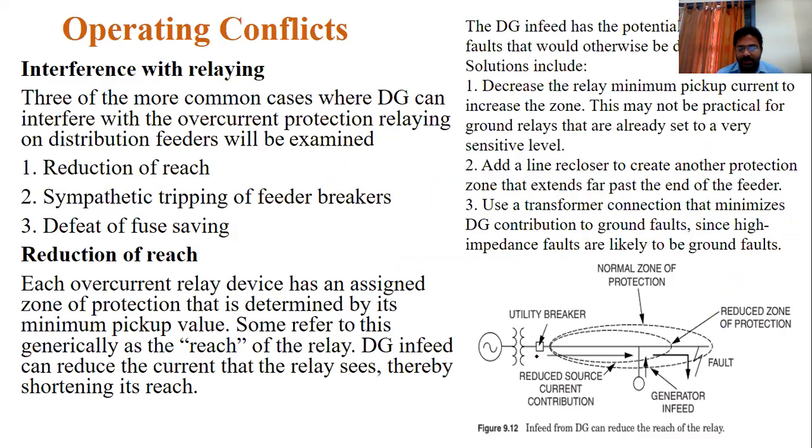We are primarily discussing three different ways to approach distribution relaying. What are the three different categories? There are three major common cases where DC can interfere with the working of the protection relay, and distribution failure will be examined like this.